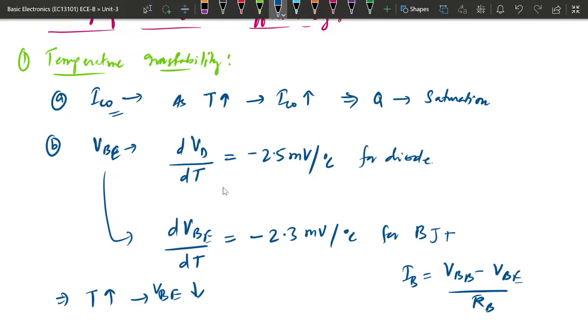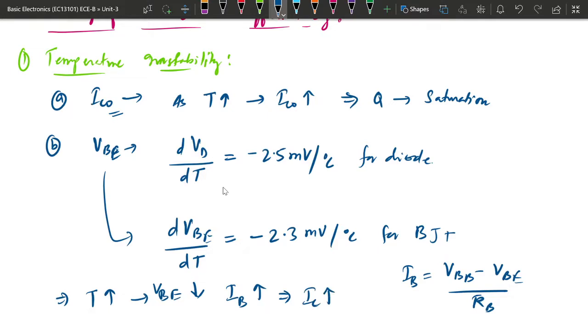So if temperature increases, VBE is going to decrease, and if VBE decreases, that means IB will be increasing. So if IB is going to increase, the IC value is going to increase.